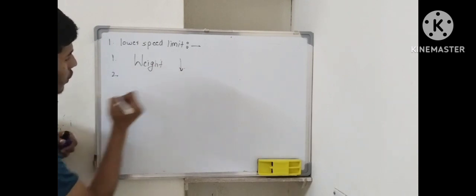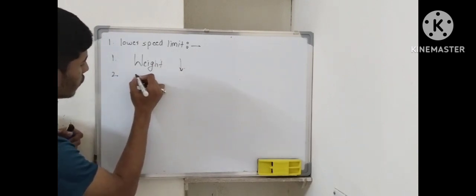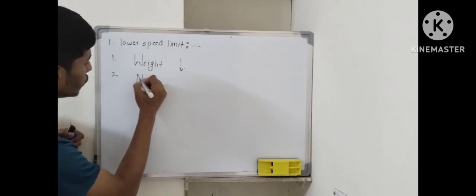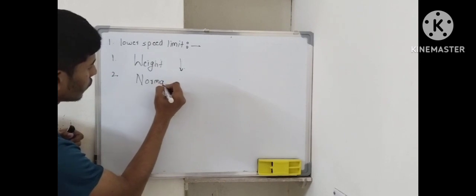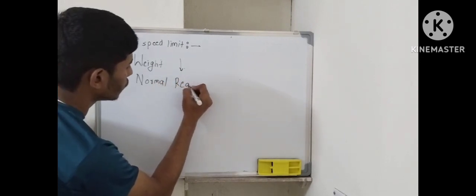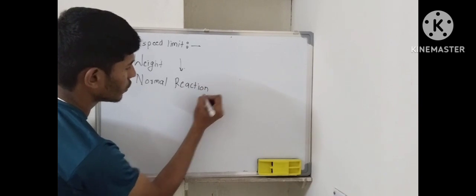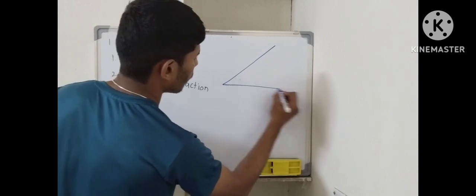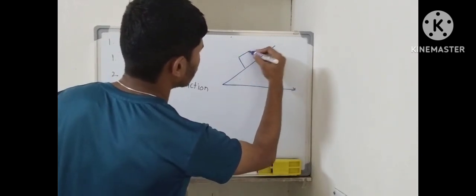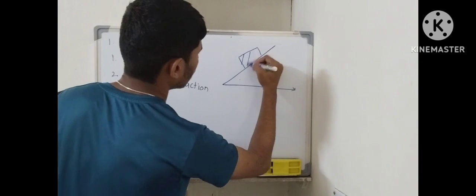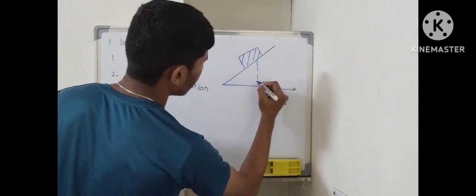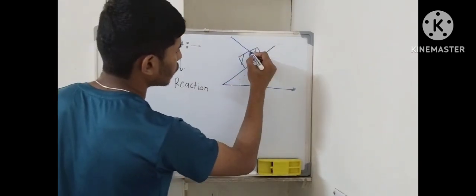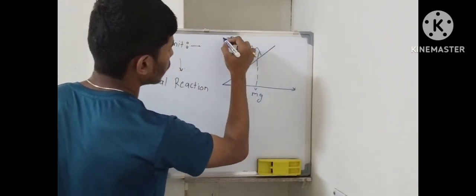And the second one is the normal reaction, acting perpendicular to the road. So this was our diagram: the car traveling on a curved horizontal road, and the forces acting on it were mg vertically downwards, and the normal reaction perpendicular to the road.